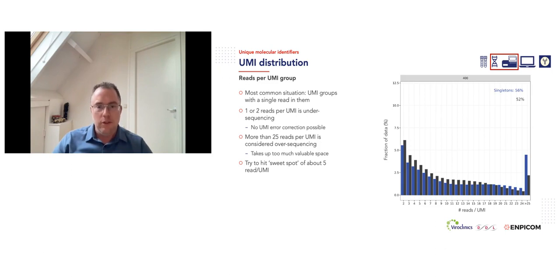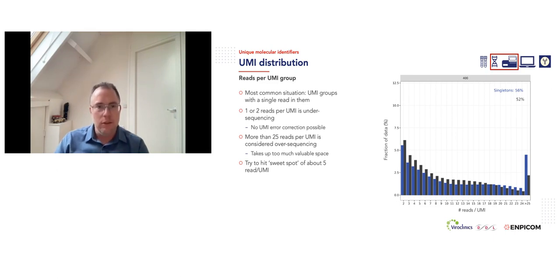So how many of these UMIs would you like? This is, of course, always a sort of distribution, and you can see the distribution in the slide here. You try and aim for a good number of reads per UMI group, and we typically aim for 5.